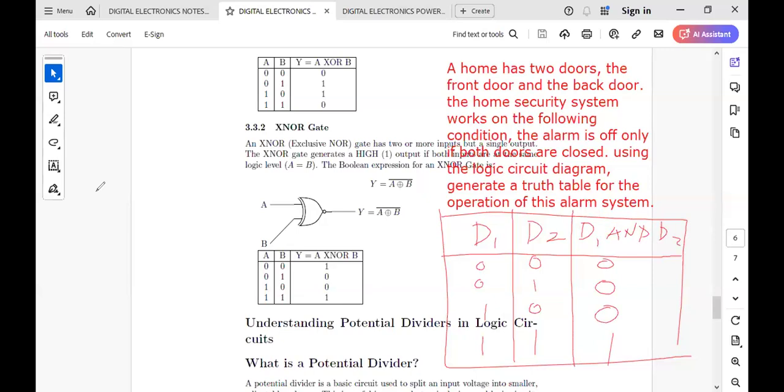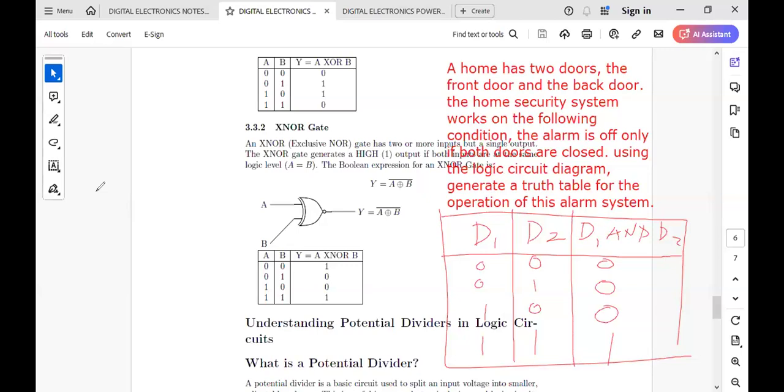Now this means that we define 1 as on and 0 as off. So the alarm will be on for as long as both doors are open.